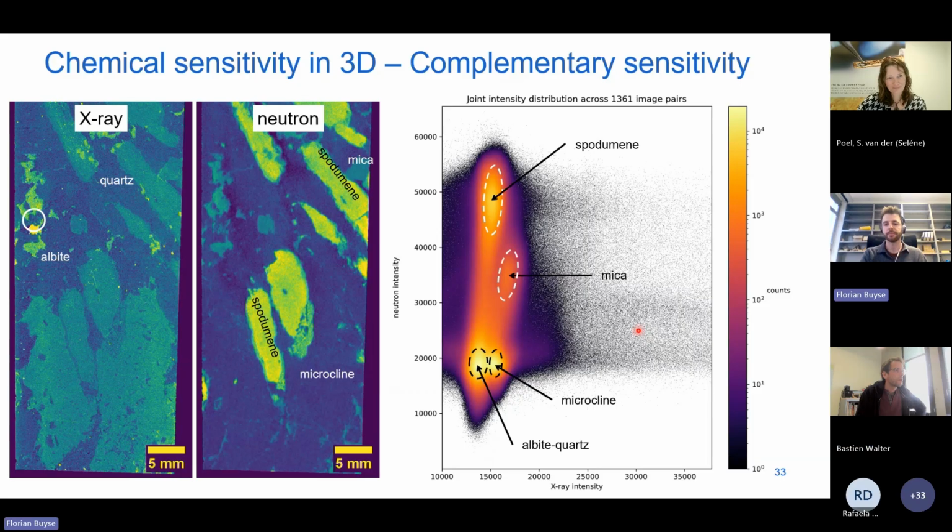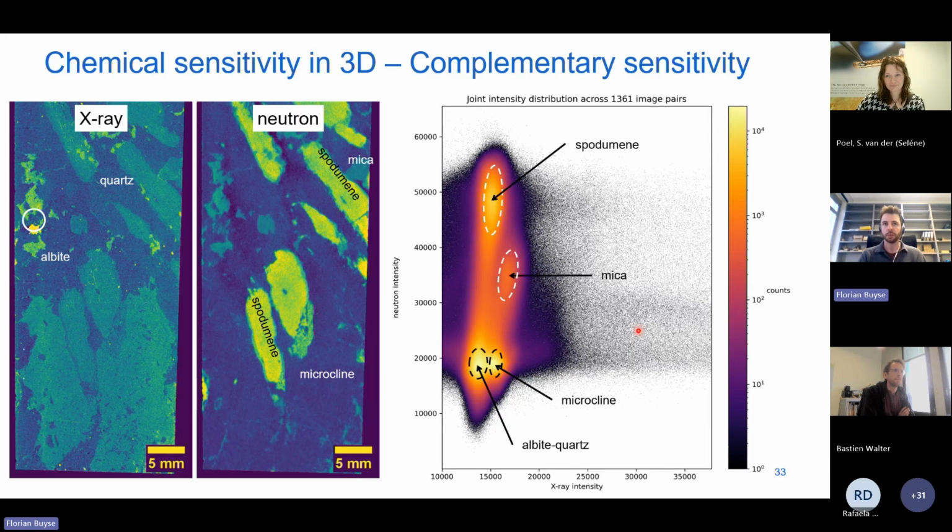That's correct. So you have your 3D image, and then you can select one voxel. In a way, you can do this, like you said, you can select a voxel. What I did in this work is select a zone where I know what the mineral composition was, to check if it is similar.